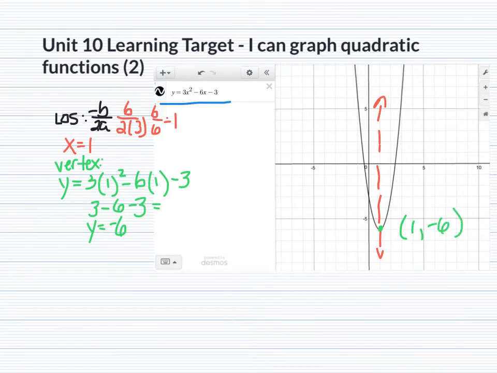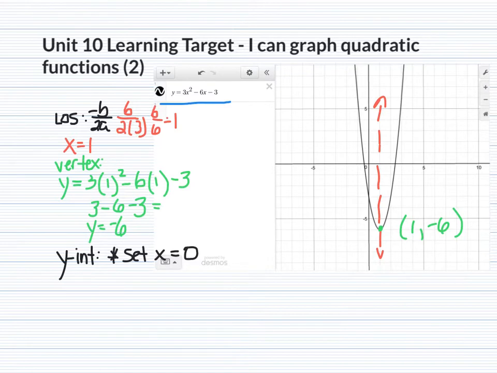Now, thinking about two things. For all of our graphs, forever, to find the y-intercept, we set x equal to 0. So you can do that in this equation. Wherever there's an x, let's put a 0.